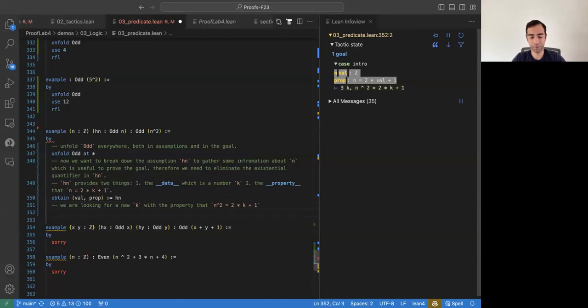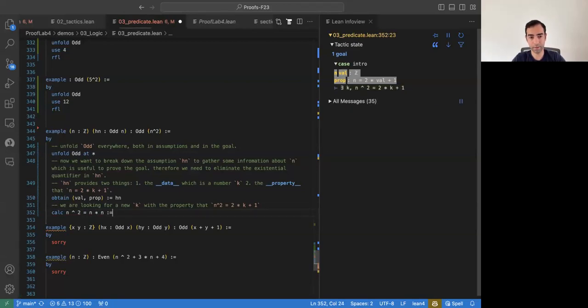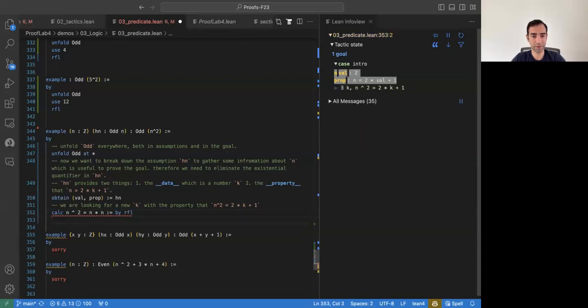And in fact, Lean supports doing calculation. So I can say that I have n squared, right? And somehow I want to find some k such that n squared is 2k plus 1. But what is n squared? That is n times n, right? So this we can just prove by REPL, I'm guessing. It should work. So let's not worry about this for now.